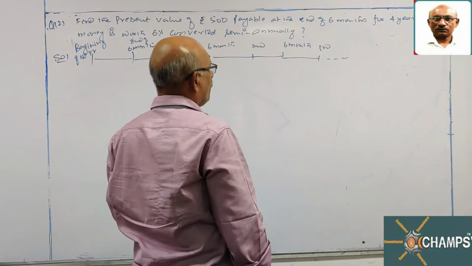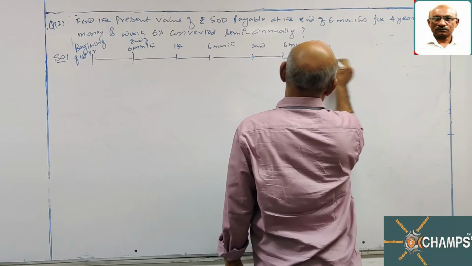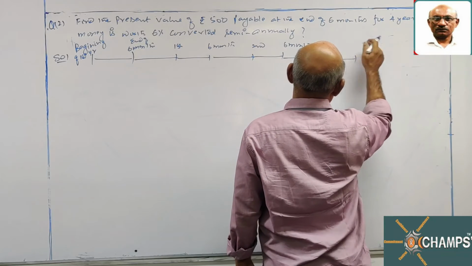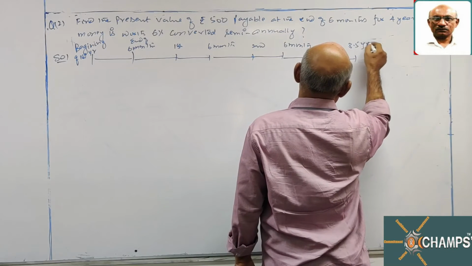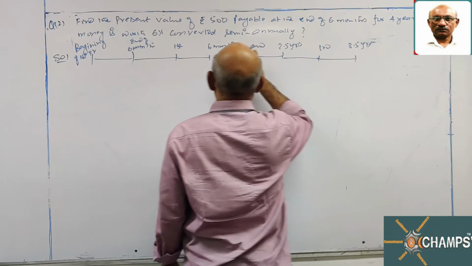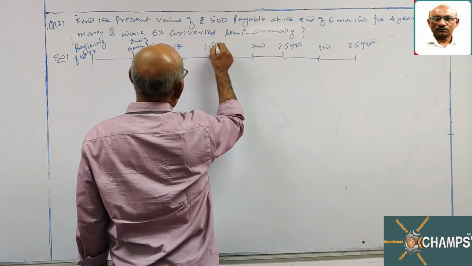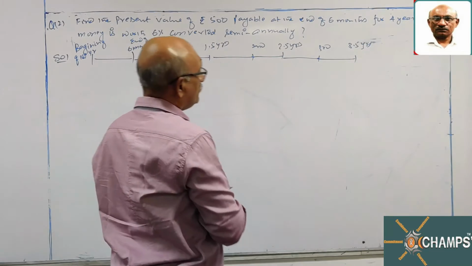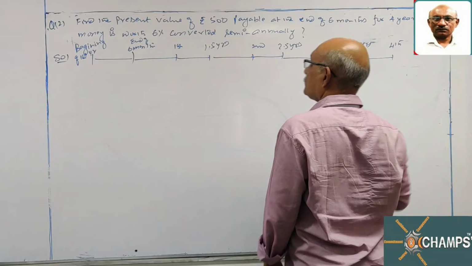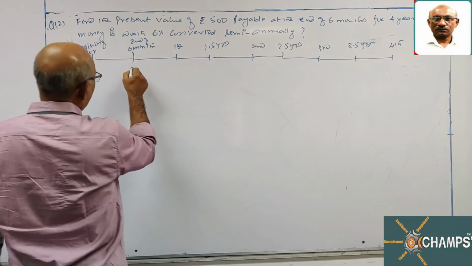This way payments for 4 years. Again end of 6 months means 3.5 years, 2.5 years, 1.5 years, and this is the end of the fourth year. Payment is 500.